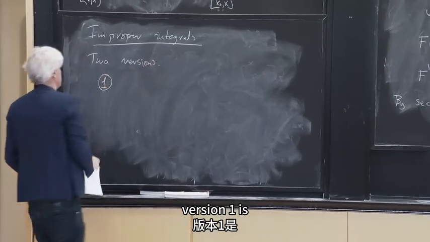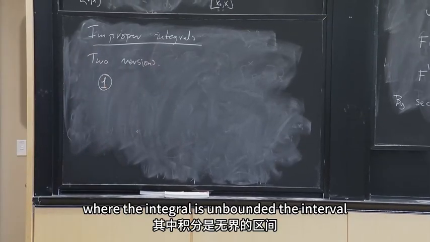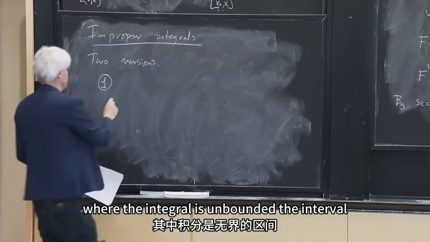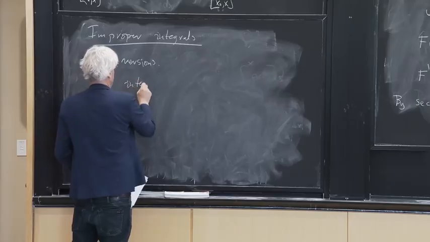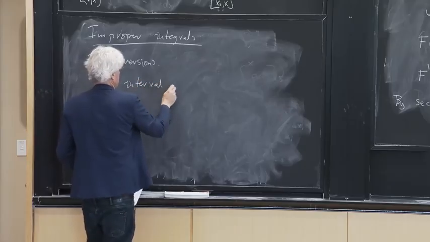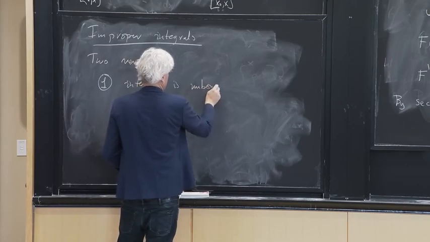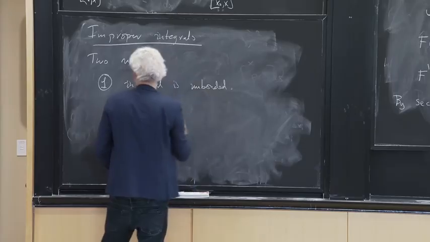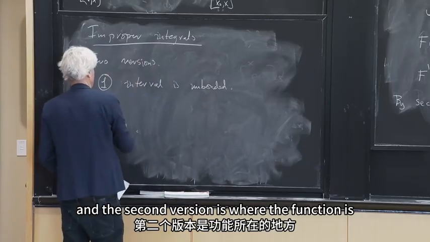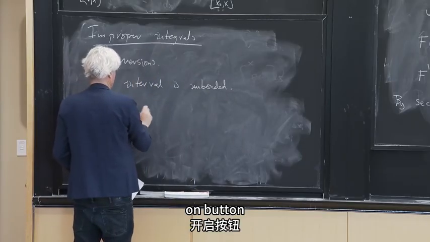Version 1 is where the interval is unbounded. And the second version is where the function is unbounded.